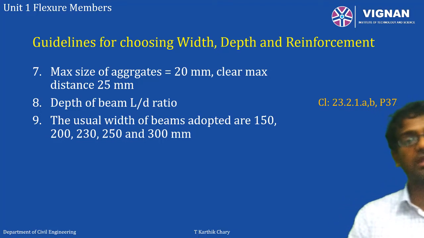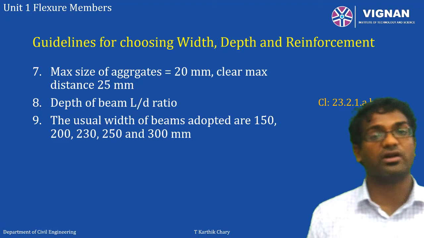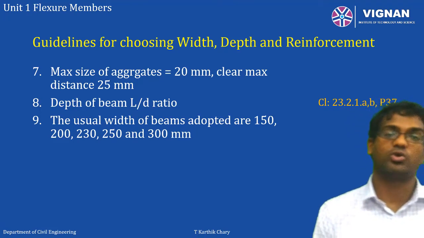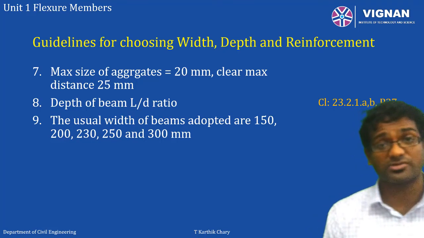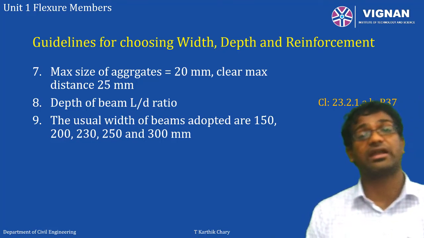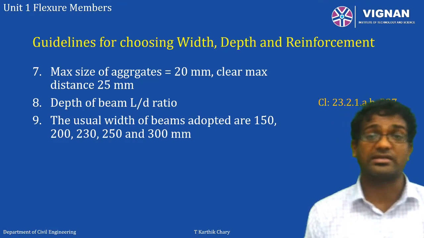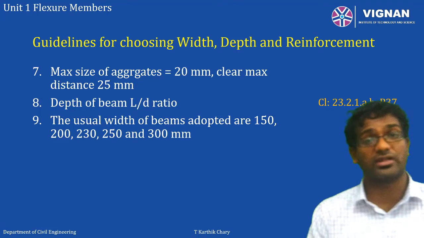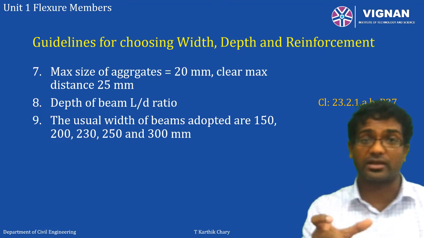Usually, when we are designing, the widths of beams are taken as 150, 200, 230, 250 and 300. Perhaps you may be thinking, what is the parameter for deciding the width of the beam? The width of the beam is decided based upon the width of the masonry or the brick.